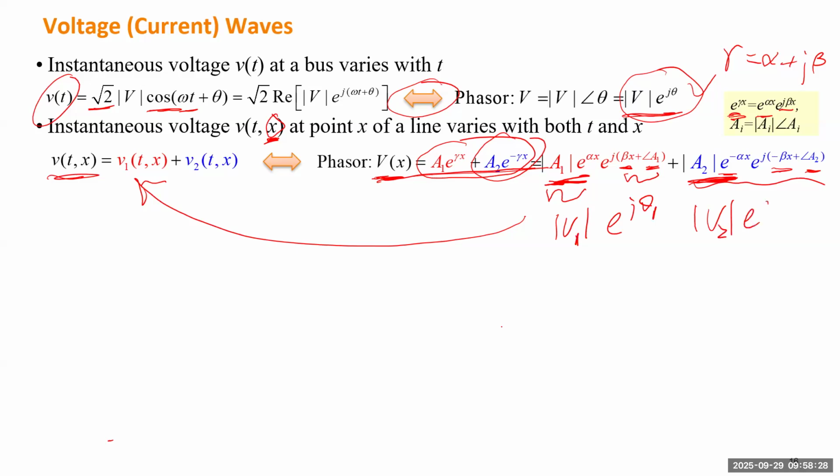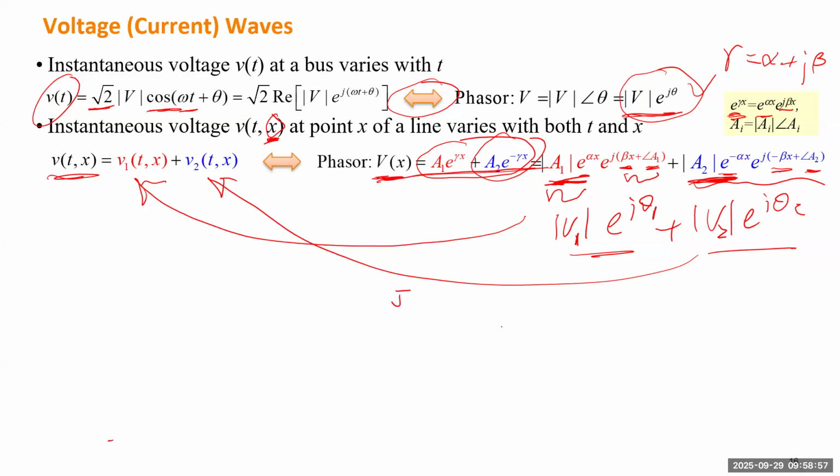Which means the voltage along the line at any point x, as a function of x, has two items. Each one can be represented in phasor form, and from the phasor form we can find the accurate formula for the instantaneous voltage.